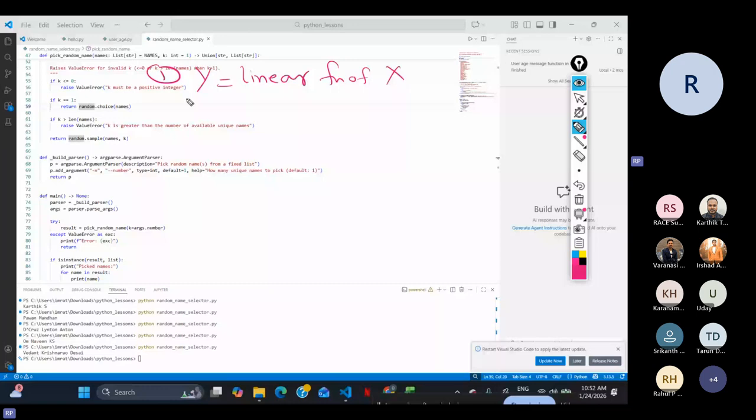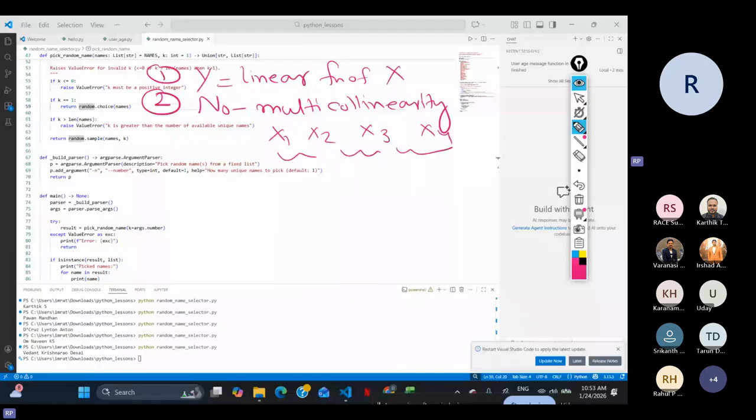Second assumption is that there is no multicollinearity, right? What do you mean by multicollinearity? That x1 and x2 and x3 and x4, they are not related to each other. They are not linearly related to each other. So if you look at the x1 and x2 distribution, the points should look random, right?